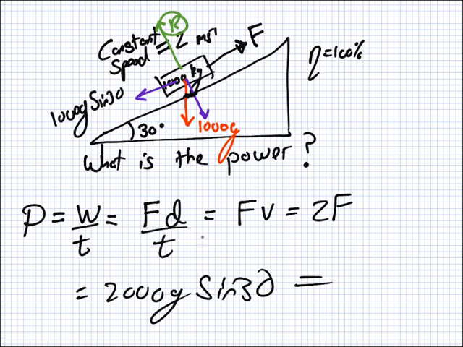I told you it was a hard one. So what do we get here? It is amazing, isn't it? Just truly amazing. What is it? 9810. So that's a 9.81 kilowatt engine.